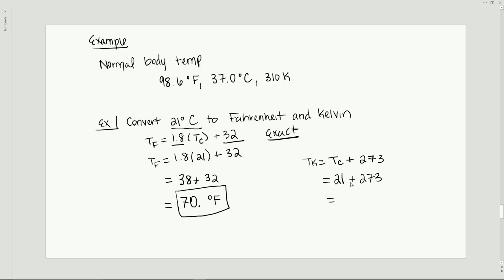If we add these together, we get 294 Kelvin. Okay, so there are our two answers for that example problem. And that's all it takes to convert between the three temperature scales.